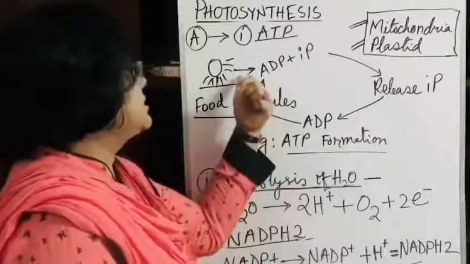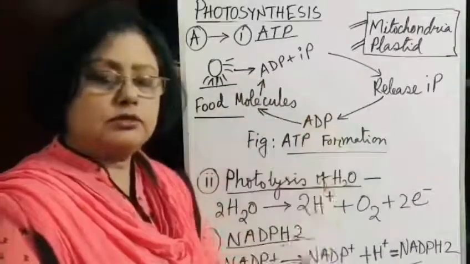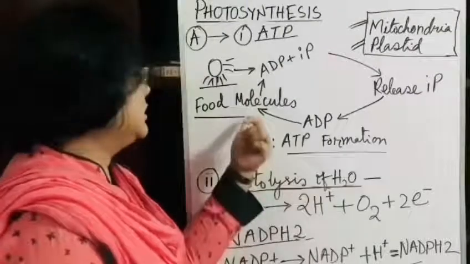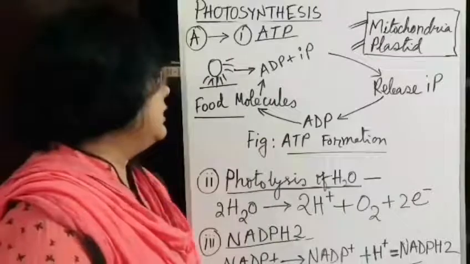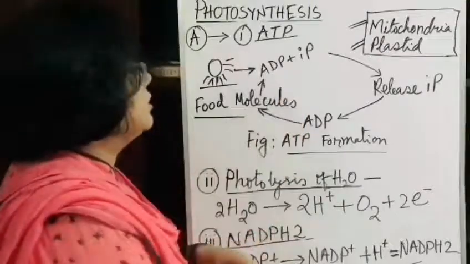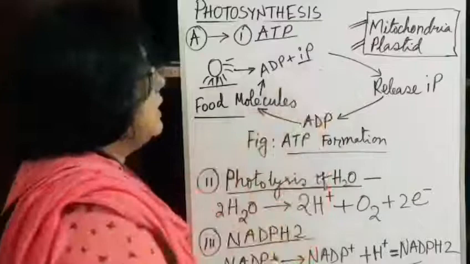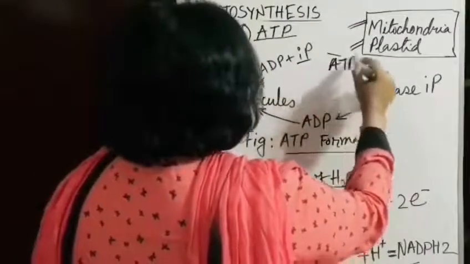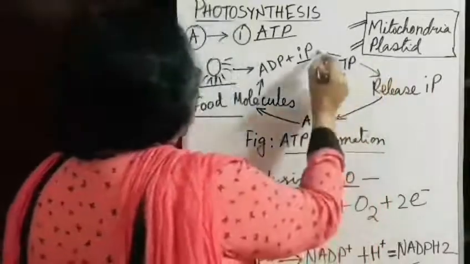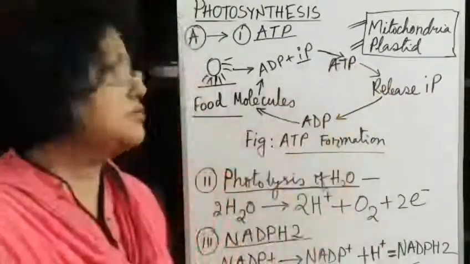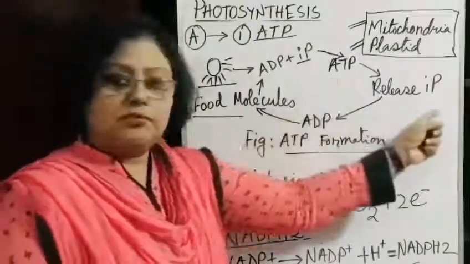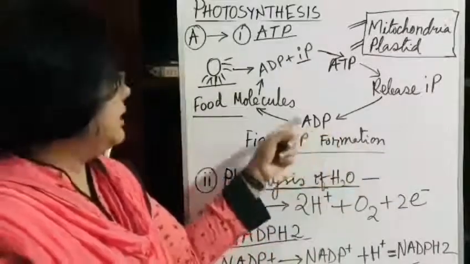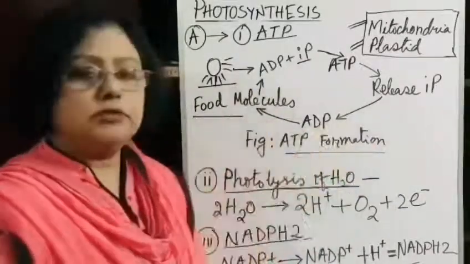So what is happening in the thylakoid? The energy is absorbed from the sunlight by the chlorophyll present in the thylakoid, and that energy lets ADP combine with inorganic phosphate and turn into ATP. Then when the cell needs it for other activities, it releases one molecule of inorganic phosphate and turns again into ADP, and it is a circular process always happening within the cell.